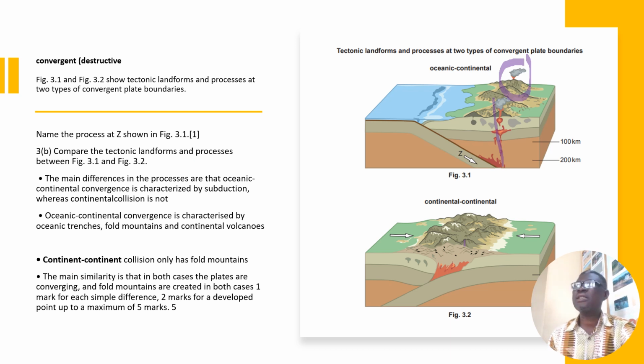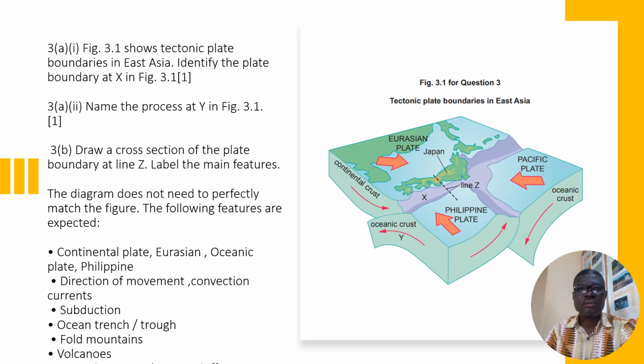So at the convergent plate margins, note the types of landforms and the processes that are going on. If you are asked to draw a cross section of the plate boundary at Z, what will you do? Then you label it as we have done for the previous ones.